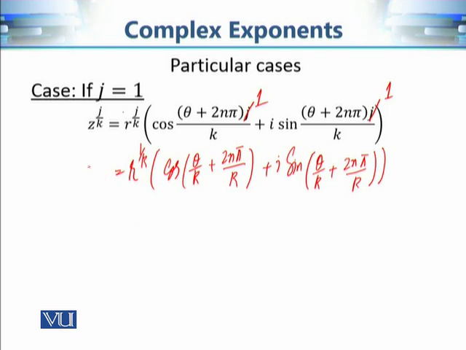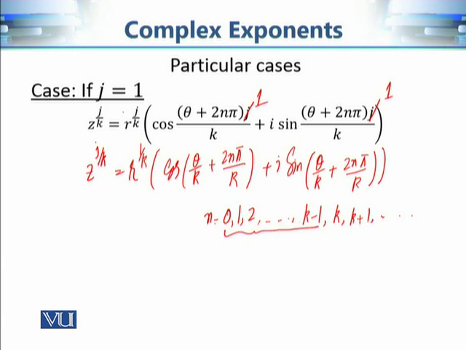Now over here we can see that using the fact that cosine and sine have period 2 pi, when we vary n by taking 0, 1, 2 and so on, all of these are distinct values, but due to the periods of sine and cosine, we will start getting repetitions when n is equal to k and k plus 1 and so on.